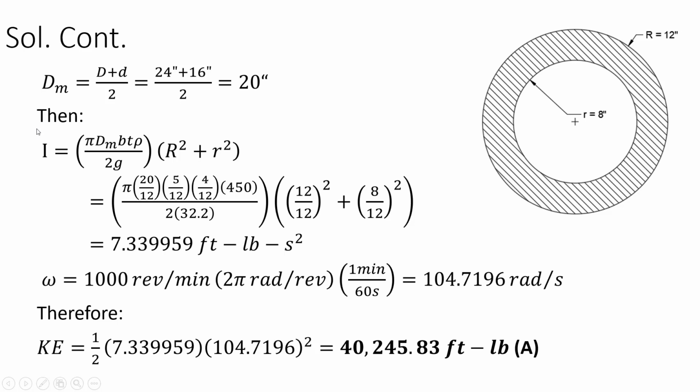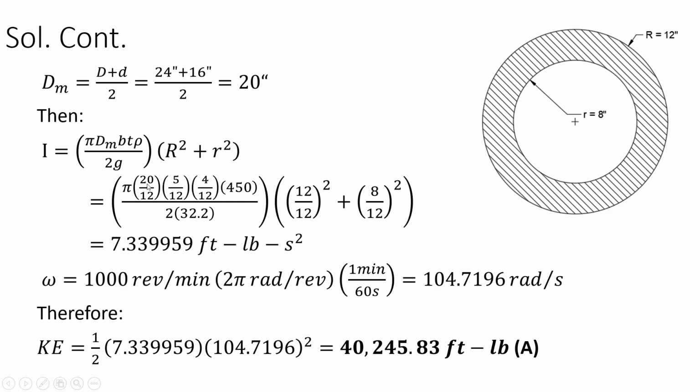Then we can solve for the mass moment of inertia. Substituting the values, 20 over 12, we divide by 12 to convert inches to feet, because the unit of our density is pounds per cubic feet.